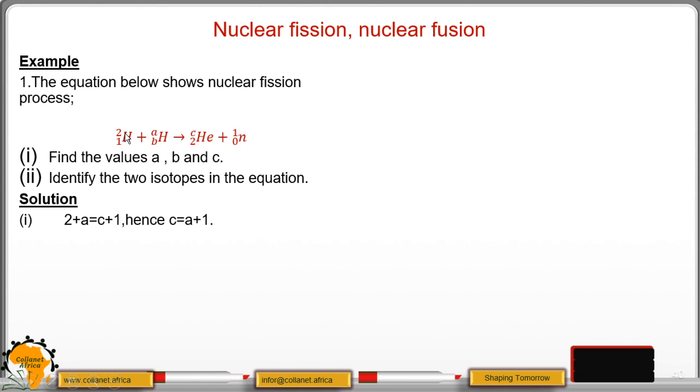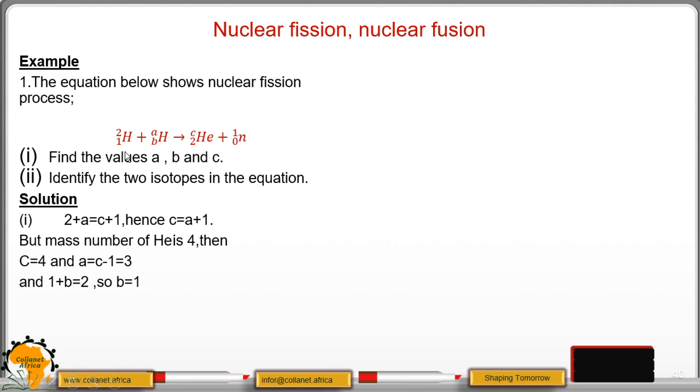For instance, we start with the first one. We have 2 plus A should be equal to C plus 1. But we know that the mass of the helium, this one, is 4. So automatically C is equal to 4. And if C is equal to 4, then our A will be C minus 1, which is 3.